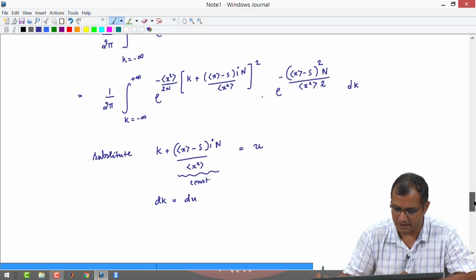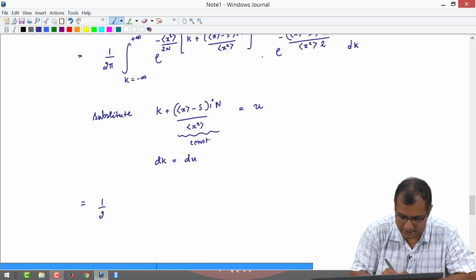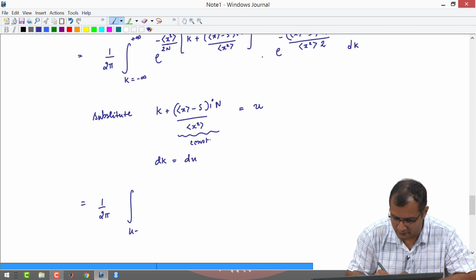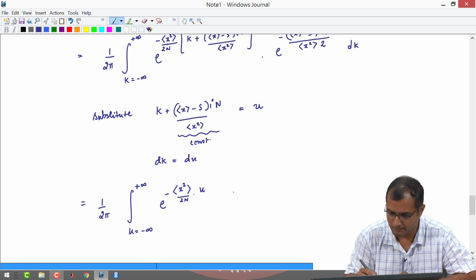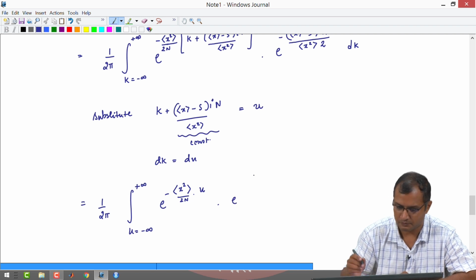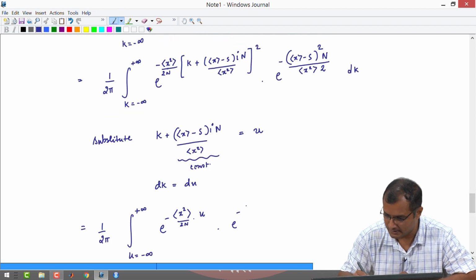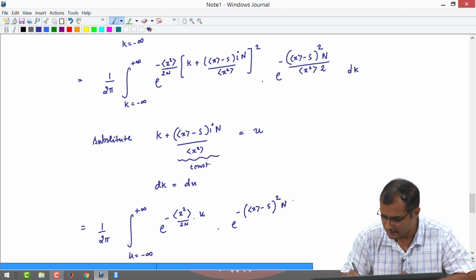Okay. So my integration above will become 1 upon 2 pi into the integral over u going from minus infinity to plus infinity of e raised to minus mod x square by 2n into u, into e raised to minus mod x minus s the whole square by n divided by 2 into mod x square dk.